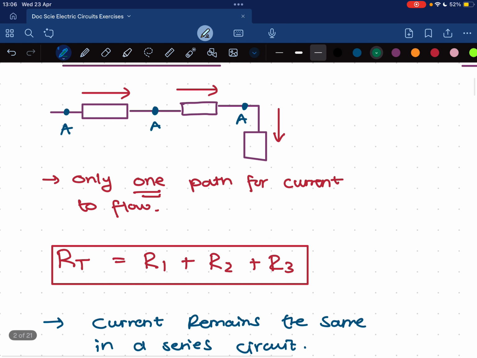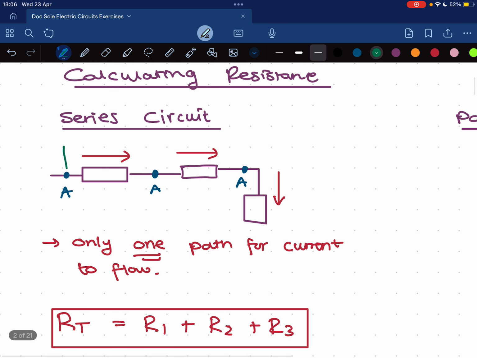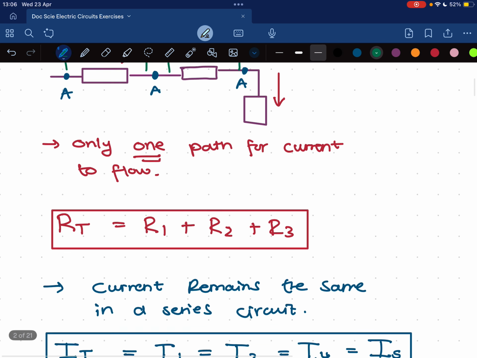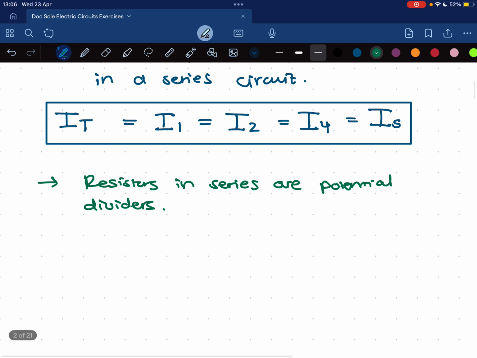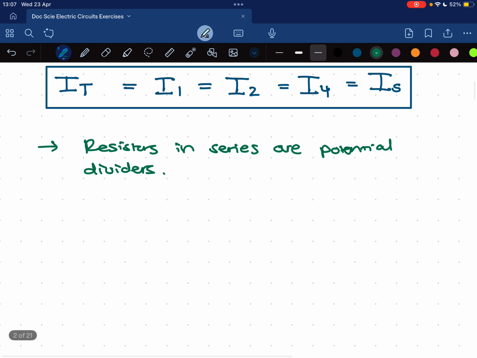So that means that the potential difference in this part will be different to the potential difference in that part. It changes. And that is because the resistors are going to use some of that energy for the current to flow. So that means that the V total of the whole circuit is equal to the sum of all the voltmeters.